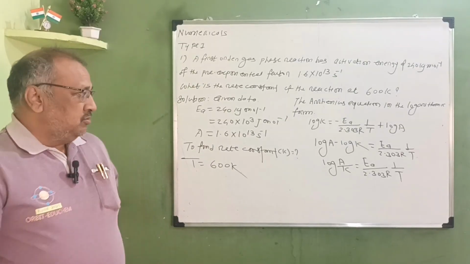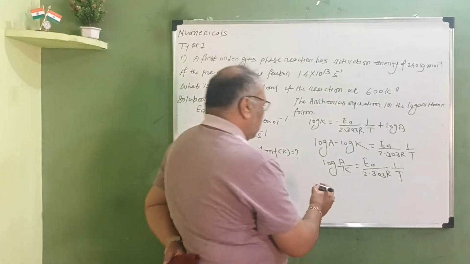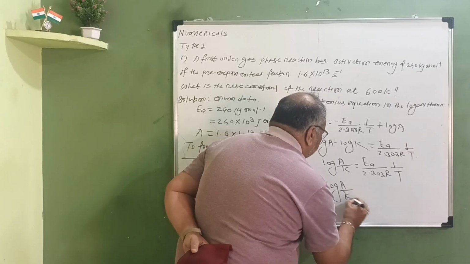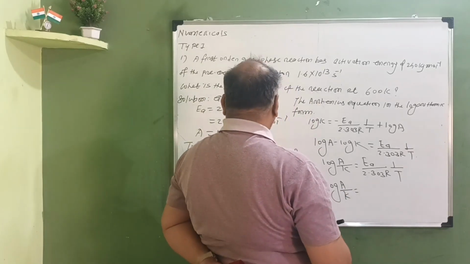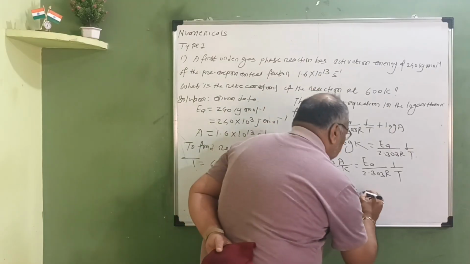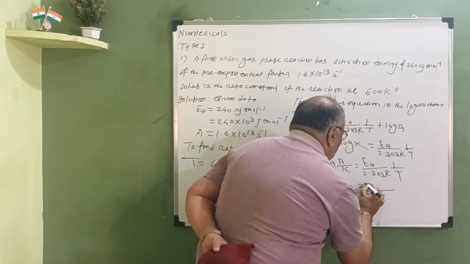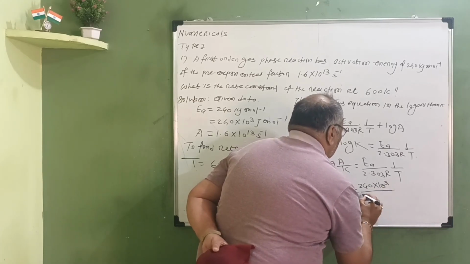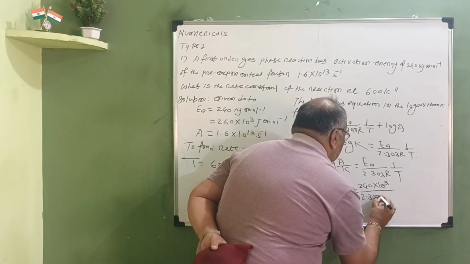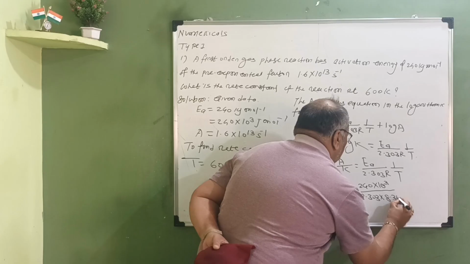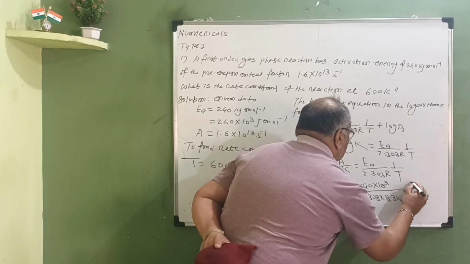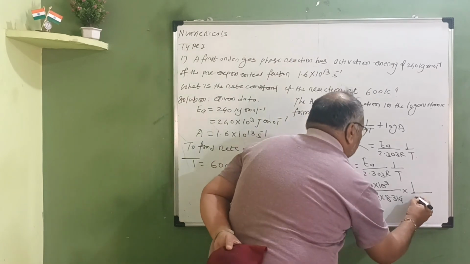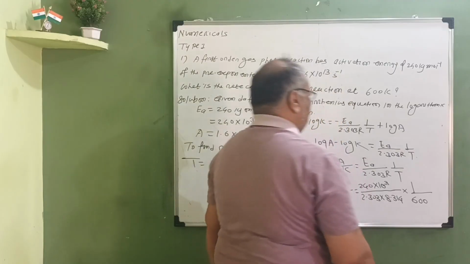That means here substitute the value, that is log of A by K equal to EA, 240 into 10 to the power 3 upon 2.303 into 8.314 into 1 by T, means 600 Kelvin.